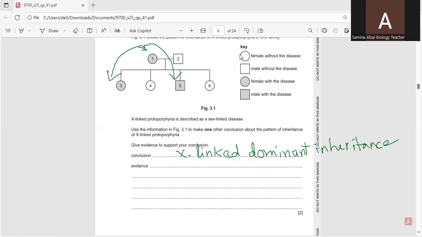It means the mother has the disease. Sons inherit their X chromosomes from their mothers only.